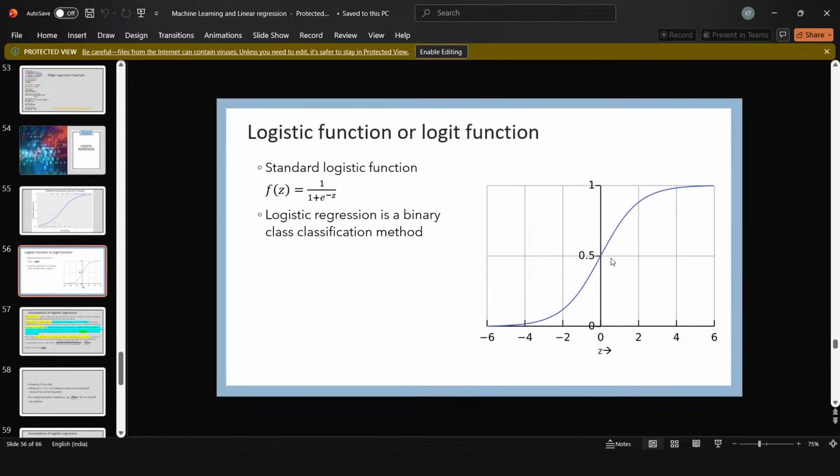If the probability is greater than 0.5, you can label it as yes or positive. If it is less than 0.5, you can label it as negative or no, and so on. So this 0.5 is a threshold, and you can set your own threshold.